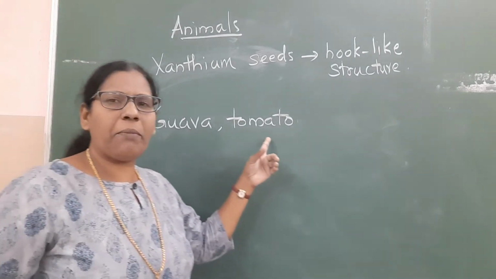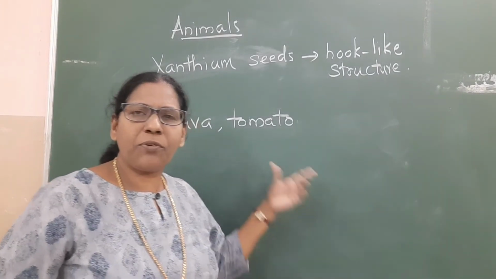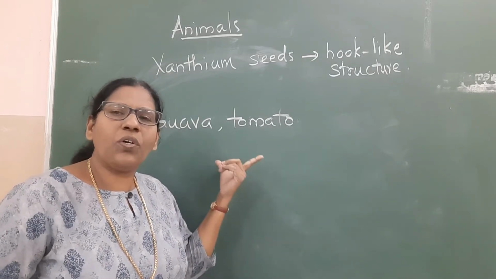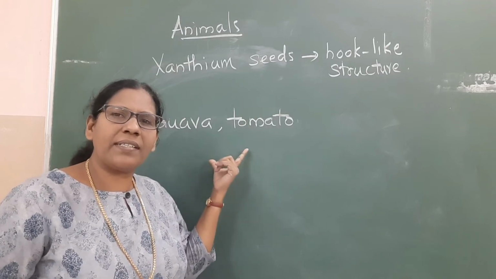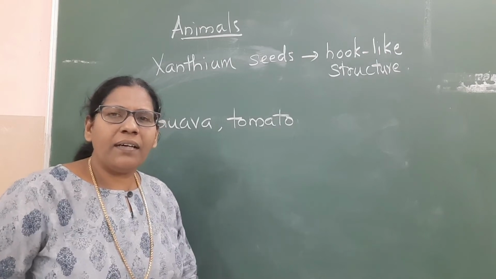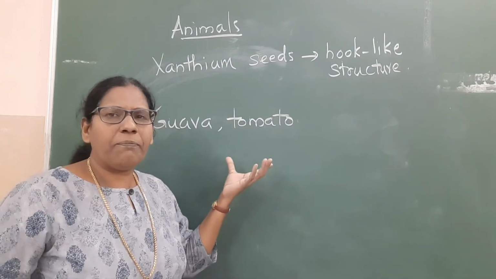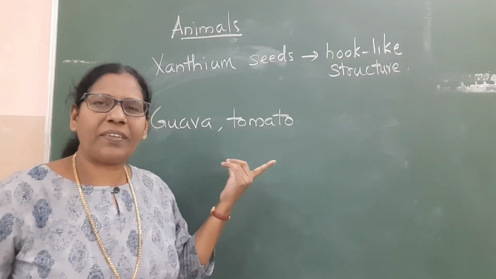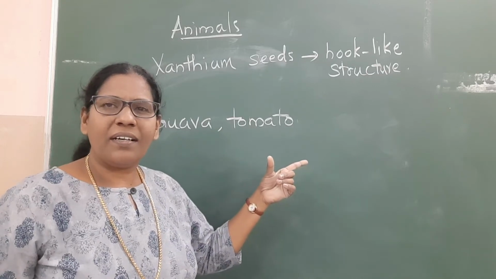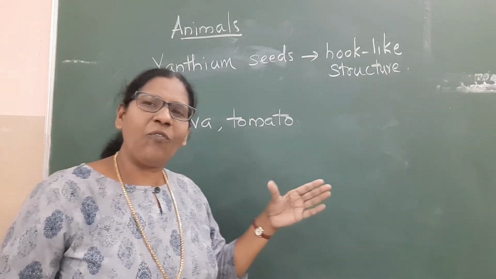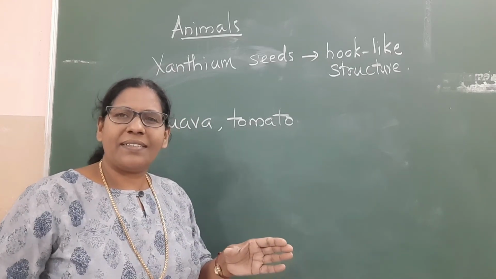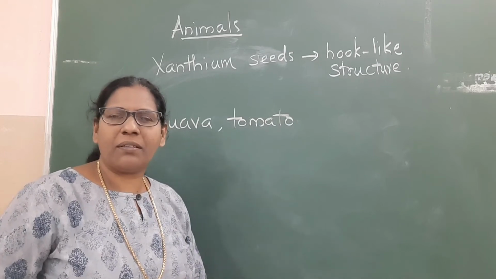Then guava and tomato are some fruits whose seeds animals cannot digest. So animals eat these fruits, and after eating them some amount of food digests, but the seeds are not able to digest, and when the animals pass their dung, the seeds come out of their stomach.